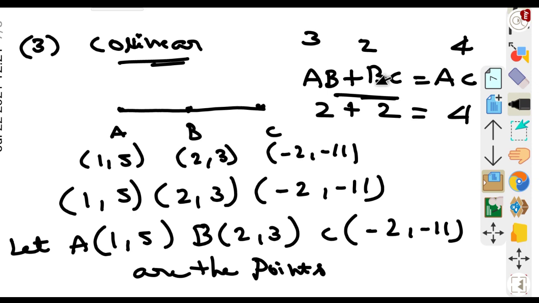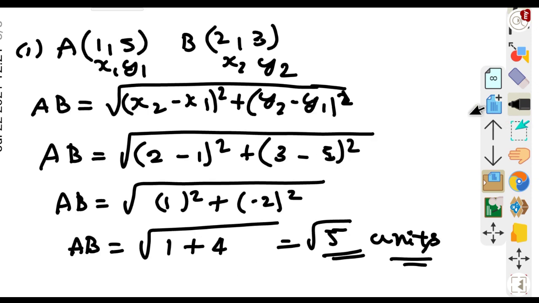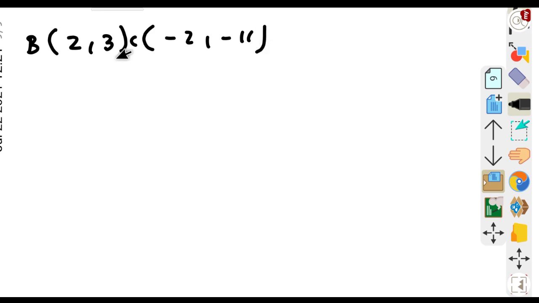Now I'll take BC. For the coordinates of BC, the B coordinates are 2 comma 3 and C coordinates are minus 2 comma minus 11. Now apply the distance formula for this and simplify, and you will get the answer for BC.